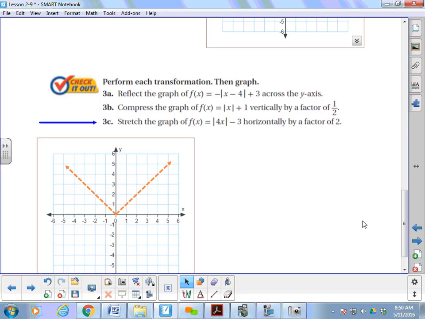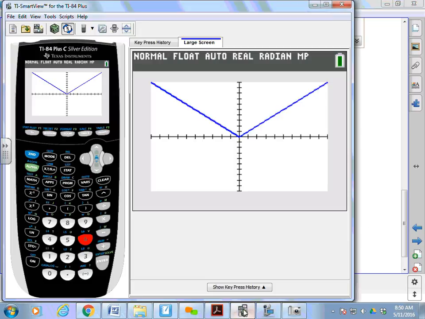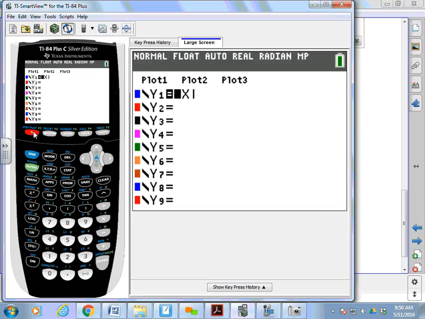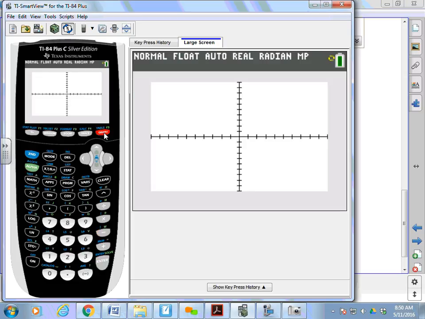Okay, so we're going to graph this one on our calculator. Absolute value of 4x minus 3.